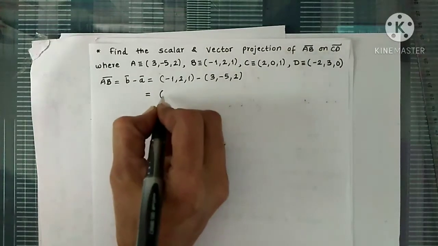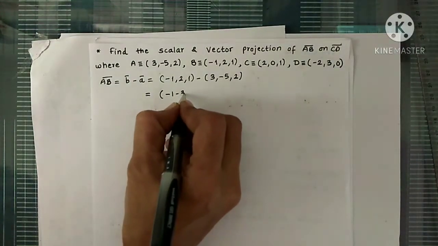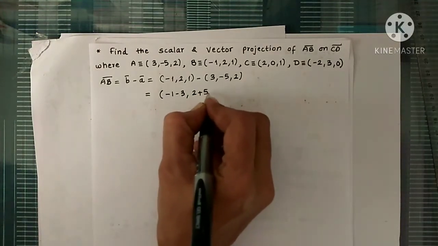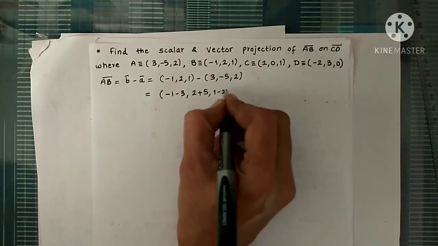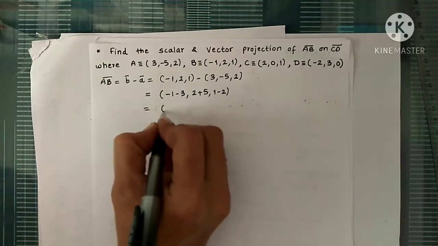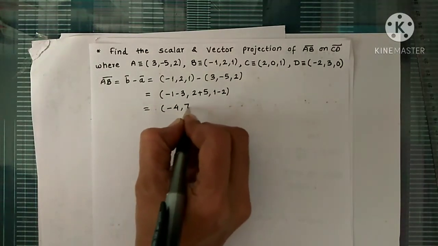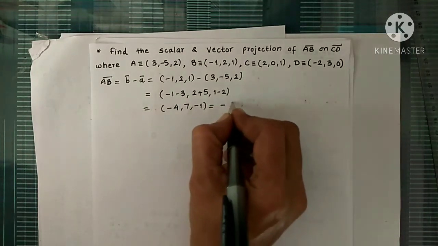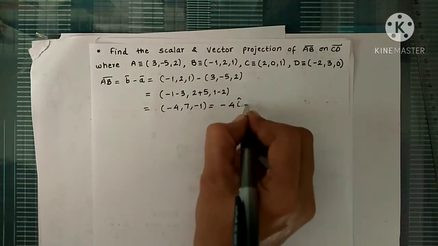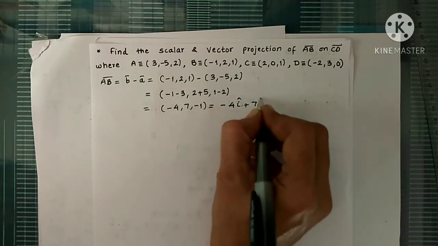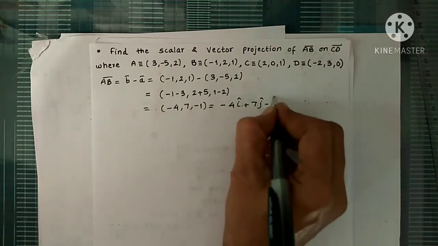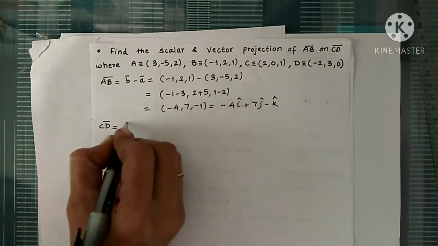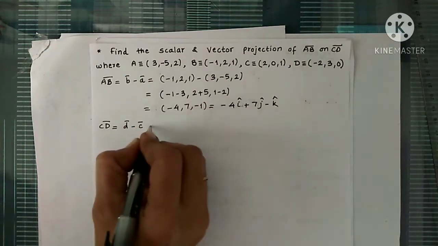Now consider the corresponding terms and write the difference. Minus 1 minus 3, 2 minus minus, that is plus 5, and 1 minus 2. So that is minus 4, 7, minus 1. So in terms of i cap, j cap and k cap, it is minus 4 i cap plus 7 j cap minus k cap. Now CD bar. CD bar is D bar minus C bar.